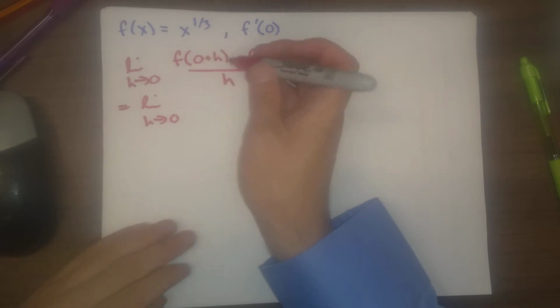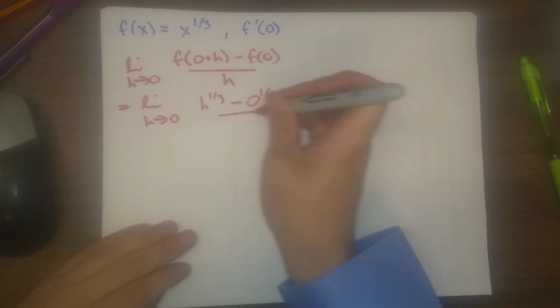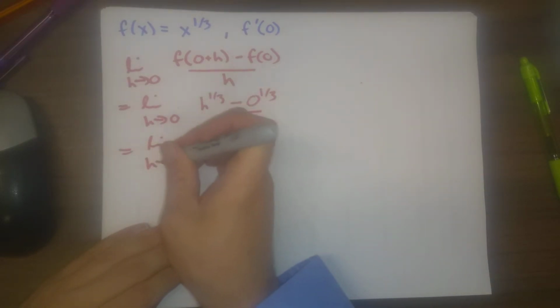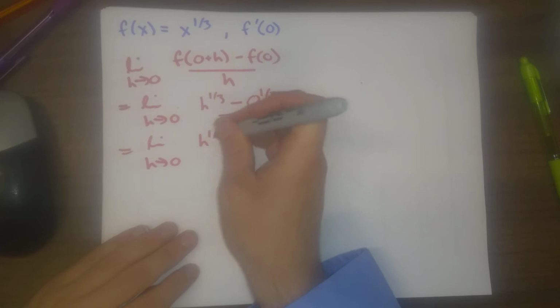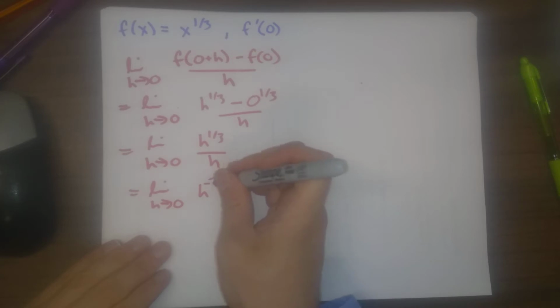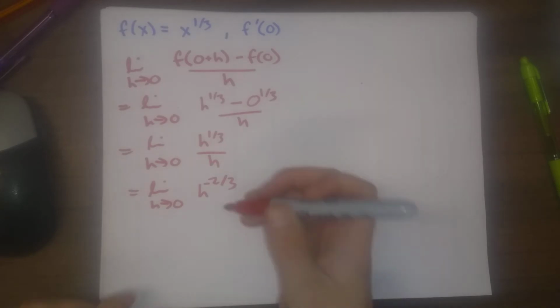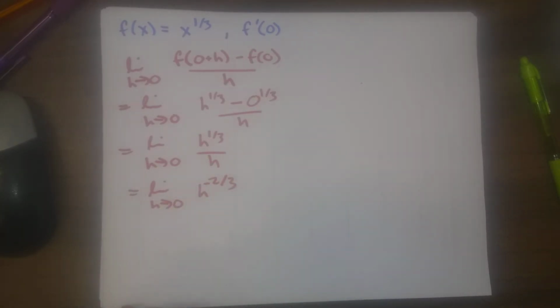So this is 0 plus h, that's h raised to the 1/3 minus 0 raised to the 1/3 over h. Limit as h goes to 0 of h to the 1/3 over h, which is the limit as h goes to 0 of h to the minus 2/3. And a moment of thought should convince us that as h is going to 0, we are dividing by h raised to the 2/3 power, so we're dividing by something that is getting really, really small.